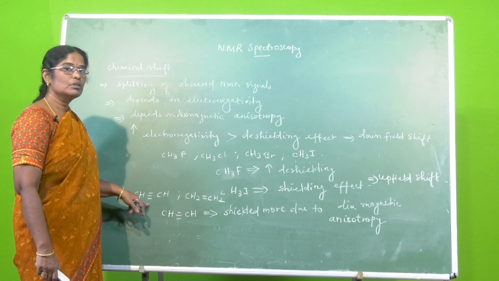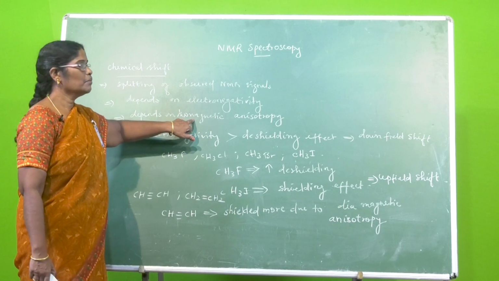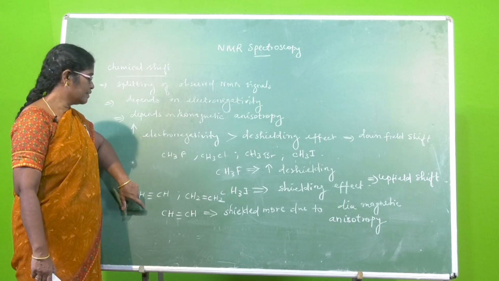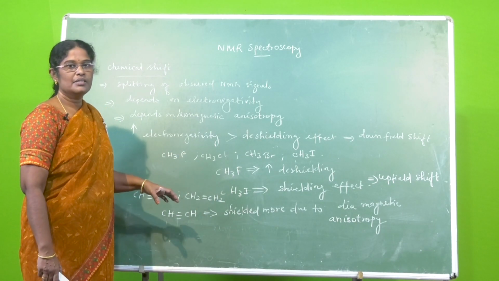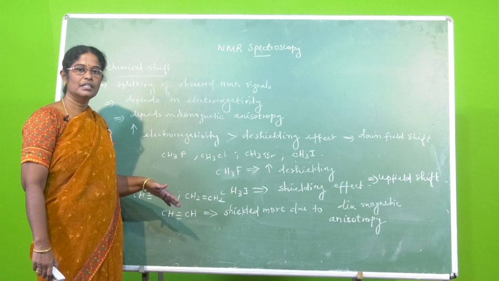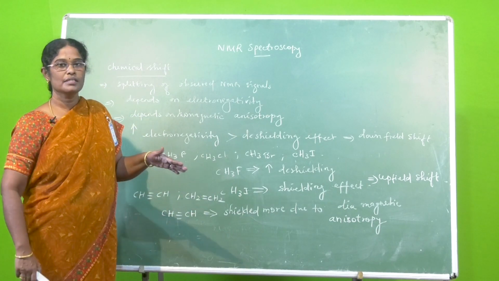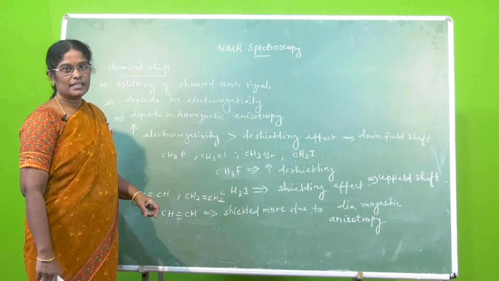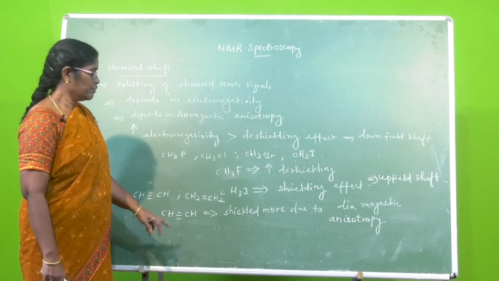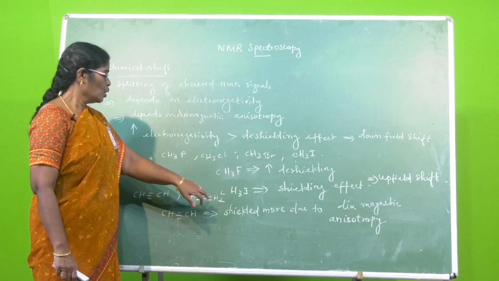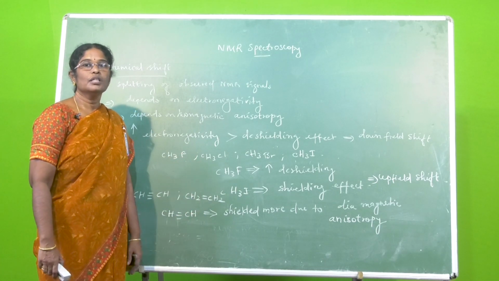So another factor that plays a major part in determining the shift values is nothing but the diamagnetic anisotropy. Here, the acetylene molecule, being a linear molecule, has a linear symmetry, and the association of the magnetic field around the pi orbitals that are present along the molecular axis has some significance that is referred to as diamagnetic anisotropy, whereas in the ethylenic system, this is a planar molecule where the pi bond effects are lying above and below the plane.